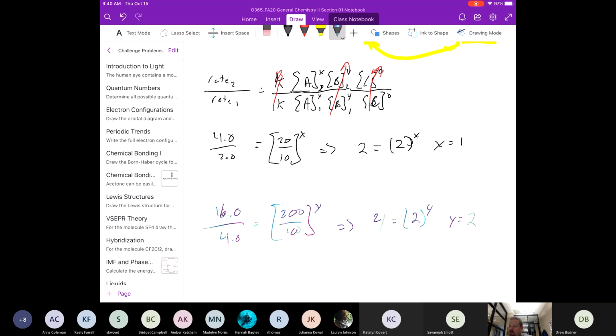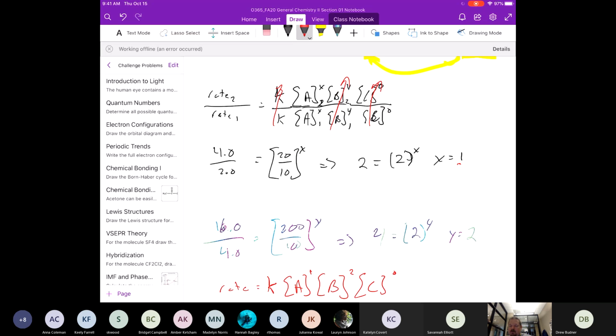Right. So now we can rewrite the rate law as rate is equal to rate constant lowercase k times A to the first power times B to the second power times C to the 0. Right?